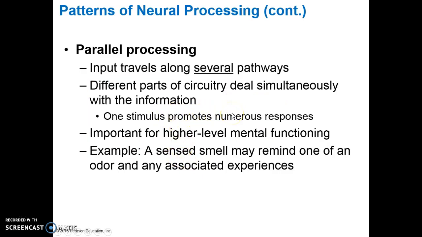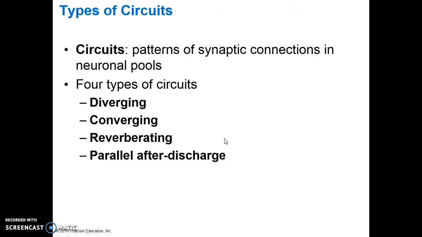Parallel processing: inputs travel along several pathways. Different parts of circuitry deal simultaneously with the information. So we have different circuits on how these nerves are connected with each other. These circuits are four types: diverging, converging, reverberating, and parallel after discharge.